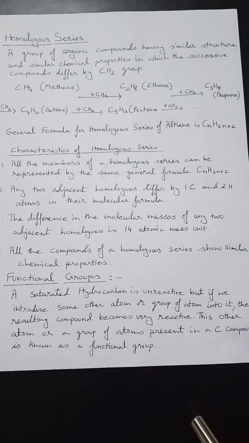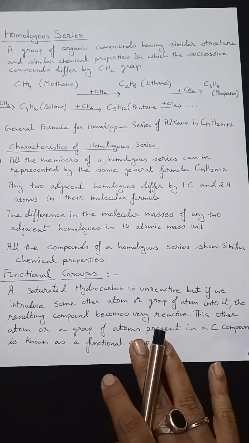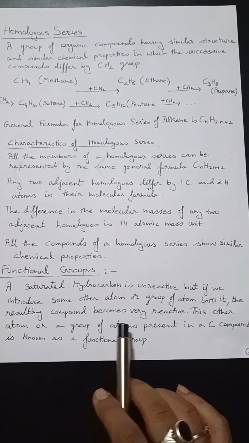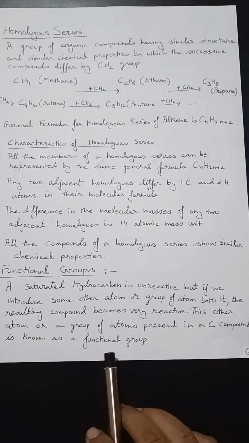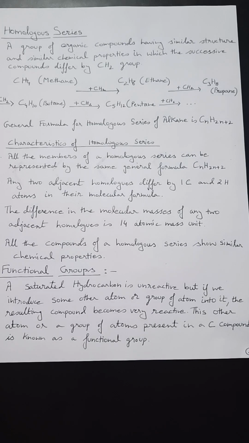Now, what are the functional groups? A saturated hydrocarbon is unreactive, but if we introduce some other atom or group of atom into it, the resulting compound becomes very reactive. This other atom or a group of atoms present in a carbon compound is known as the functional group.